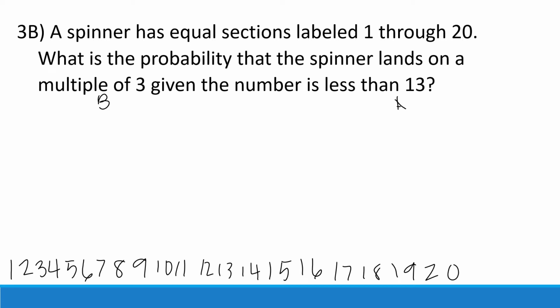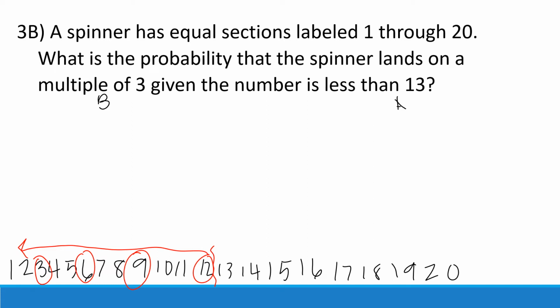Okay, so the probability that the spinner lands on a multiple of 3 given the number is less than 13. The numbers that are less than 13 are 12 on down, because it doesn't say equal to 13. So how many of those numbers are both a multiple of 3 and less than 13? 3, 6, 9, and 12 are all multiples of 3.